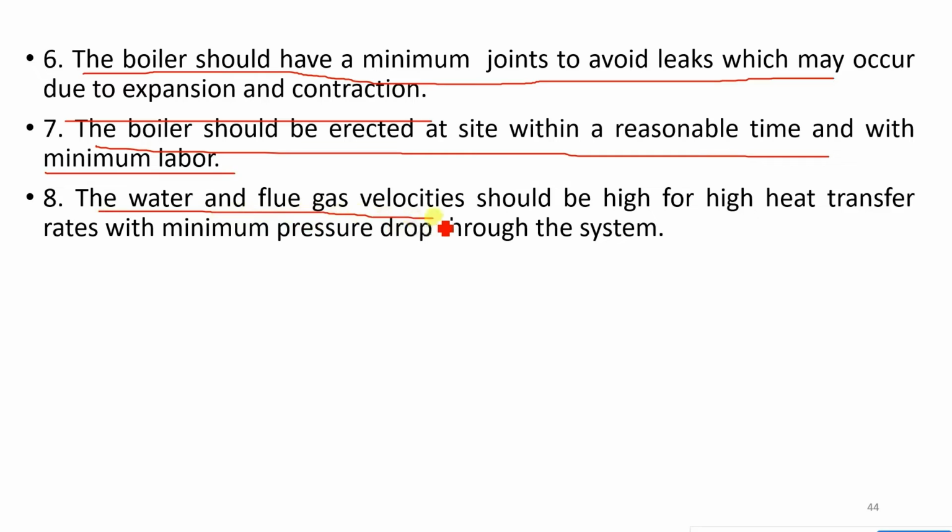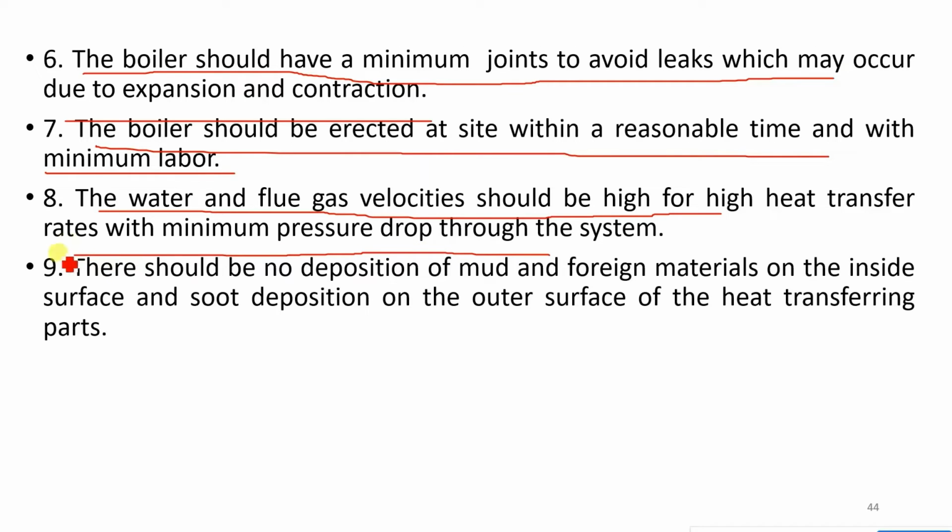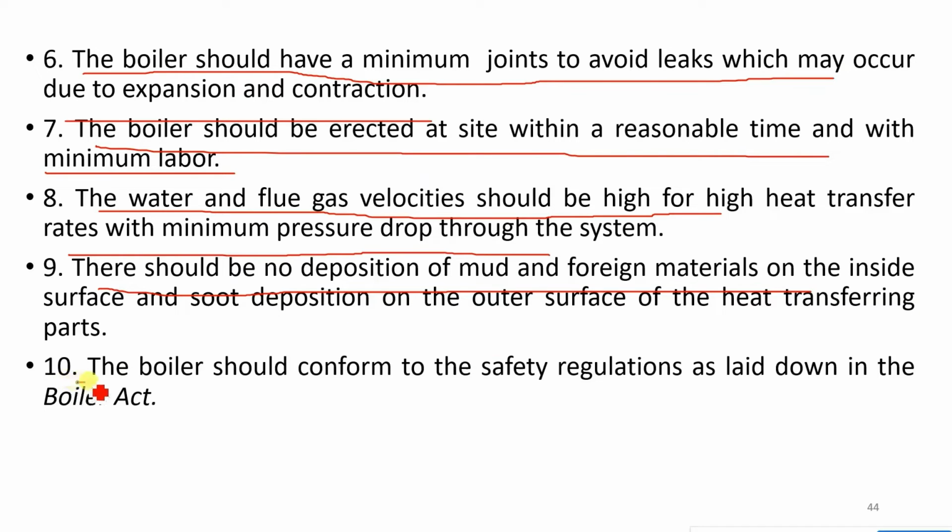The water and flue gas velocity should be high for high heat transfer rate with a minimum pressure drop through the system. There should be no deposition of mud and foreign materials on the inside surface and soot deposition on the outer surface of the heat transferring part. The boiler should conform to the safety regulation as laid down in the Boiler Act.